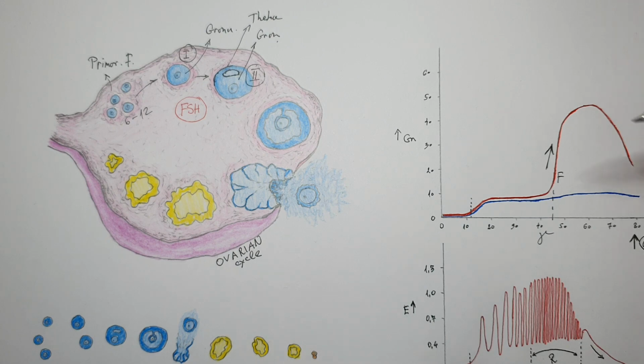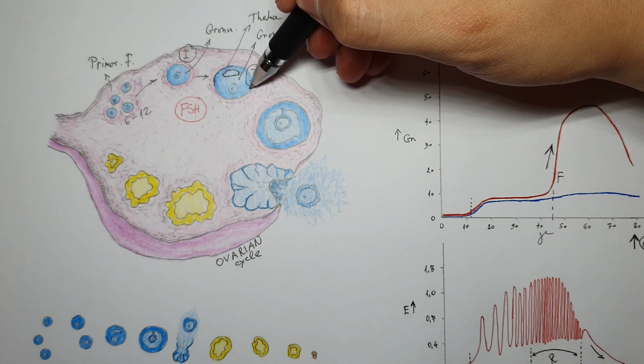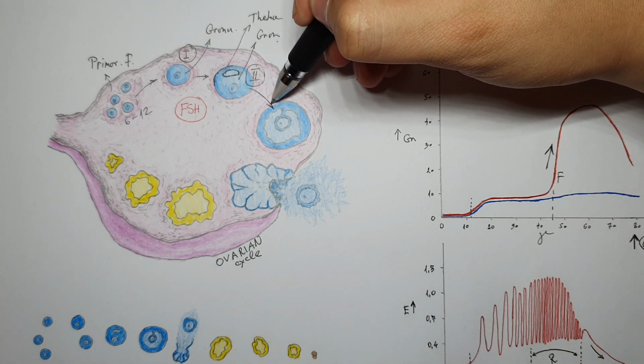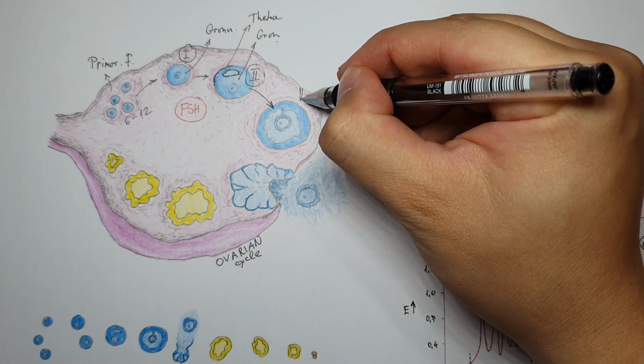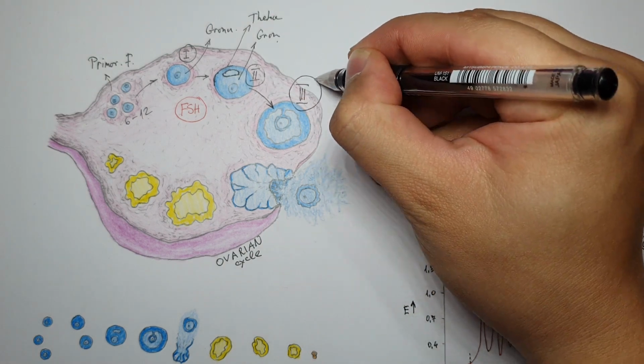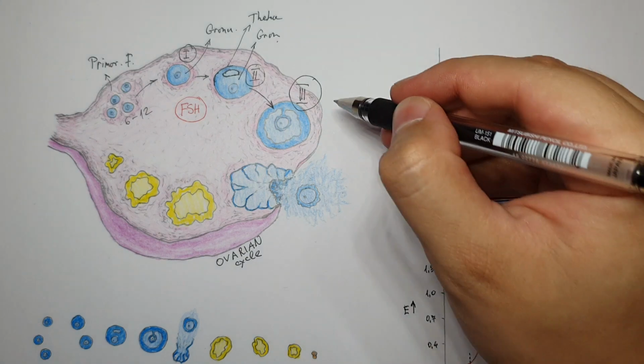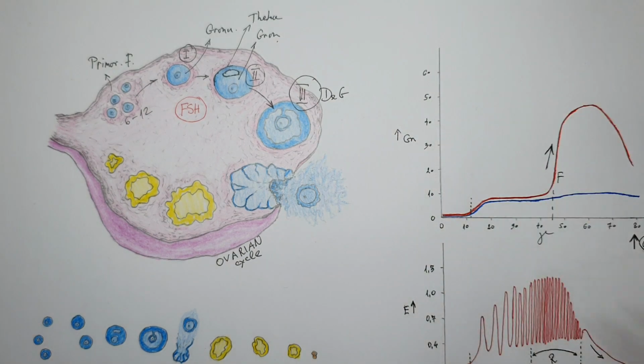This follicle is then differentiating further into the last stage, the tertiary follicle. This is the last follicle, or also it is called the de Graaf follicle.